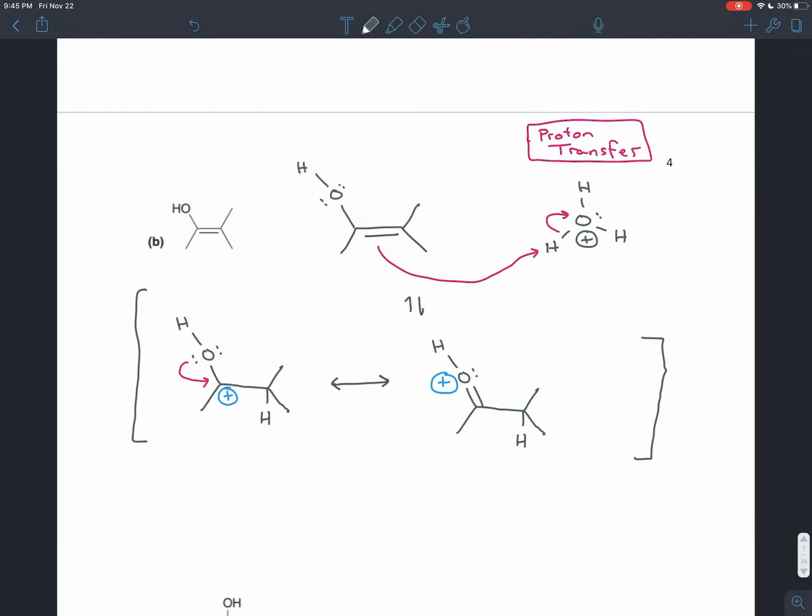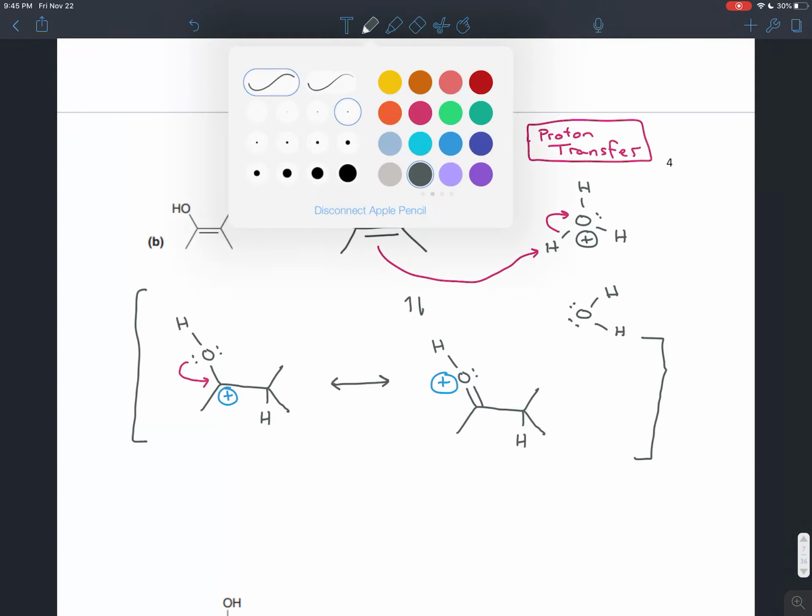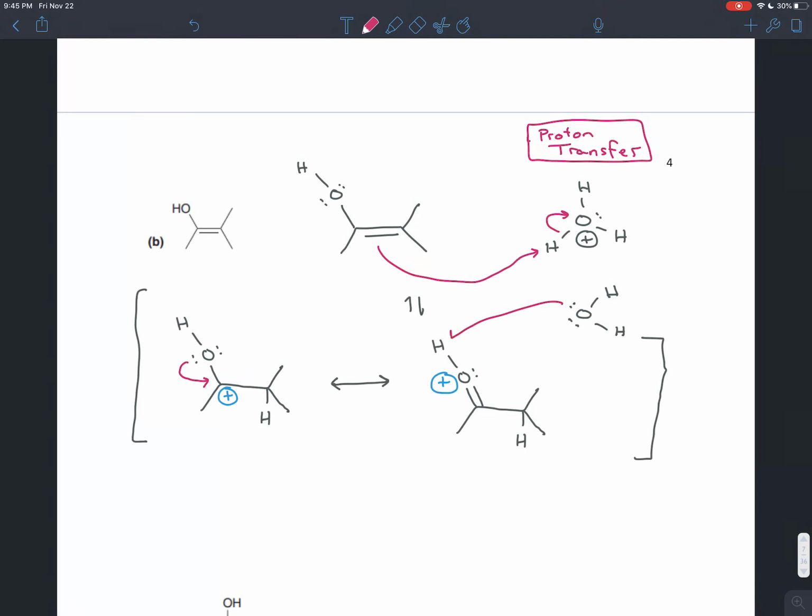You could take a base, the water that you get when the hydronium gives its H plus away. That water can act as a base and accept an H plus. The oxygen's slightly negative, it can steal this slightly positive hydrogen, and then these electrons would snap back onto the oxygen to stabilize the positive charge there. And notice that that is a second proton transfer.